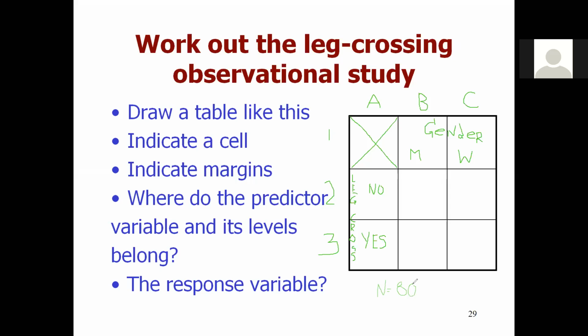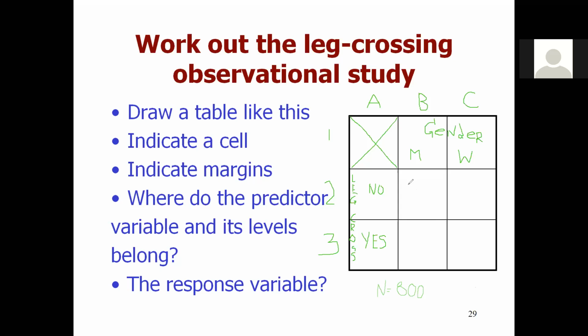Without knowing what chi-square does, can somebody tell me what I could write in these cells so that there is no significance, that there is no difference in terms of leg crossing behavior between men and women? Yes, perfect, Siva, right?